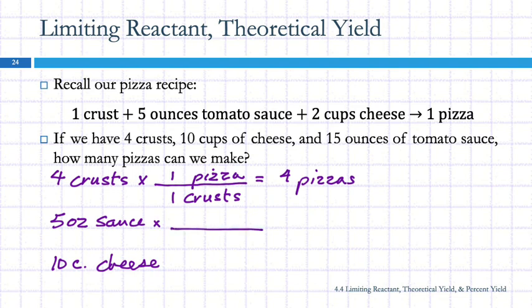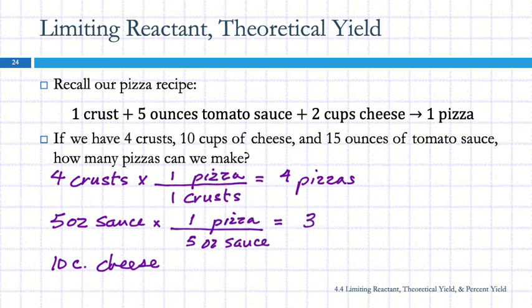Then there's the sauce. Again, we're looking at the recipe. The recipe says for 1 pizza, I need 5 ounces of sauce. So there, putting the units in and converting the units using dimensional analysis takes away the question, should I multiply 15 by 5 or should I divide 15 by 5, right?